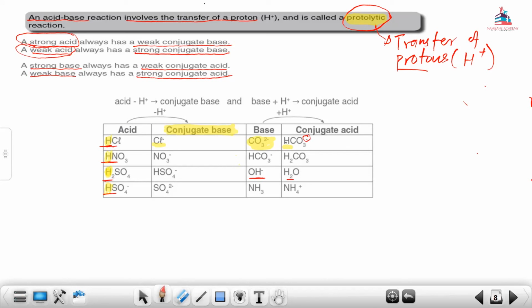So if I am a base, let's look at this one. HCO3 minus. If I bring a proton here, it is making this substance neutral.